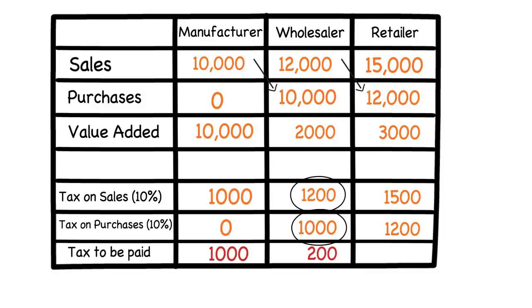Similar to the wholesaler, if the retailer can show documentation that the tax has been paid by the previous parties, then the retailer needs to pay only for his value add, that is rupees 300. Therefore, we see that through this mechanism, we avoid taxing on tax, and the central government and state government will later share the taxed amount.